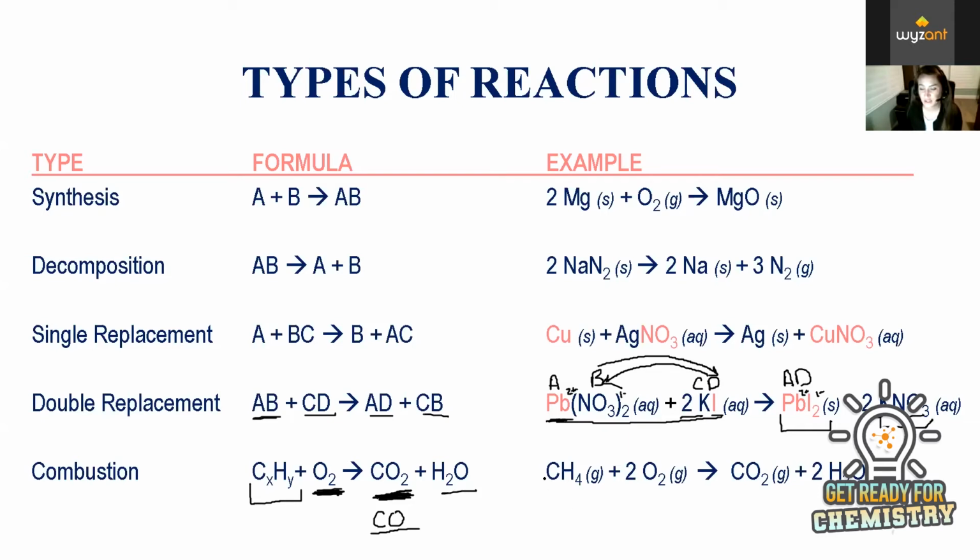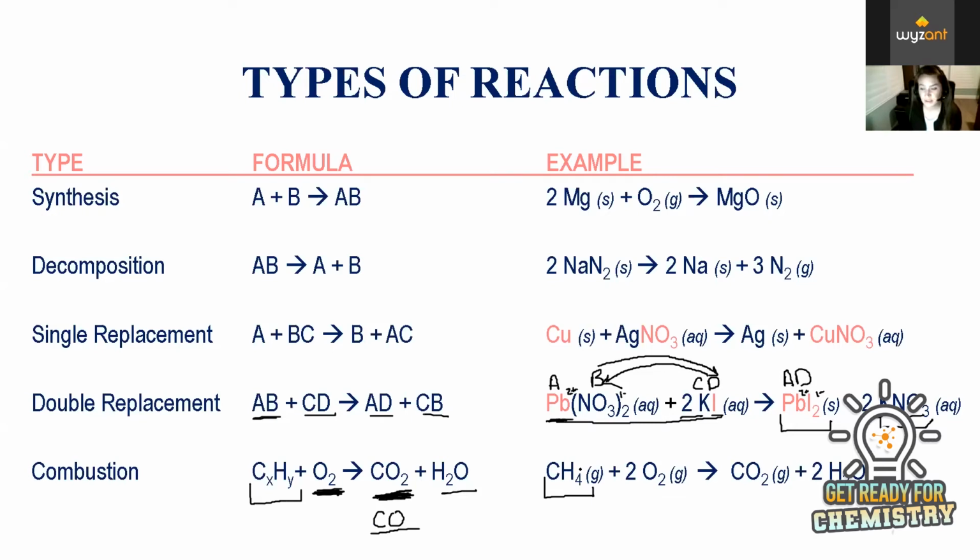So again, all you really have to know to complete a combustion reaction is the fuel type. CH4 in this case is methane gas. If I know methane is being combusted, then I know it's CH4 plus O2, always O2 in the reactants, yields CO2 and H2O. Every single time a combustion reaction will be like that.